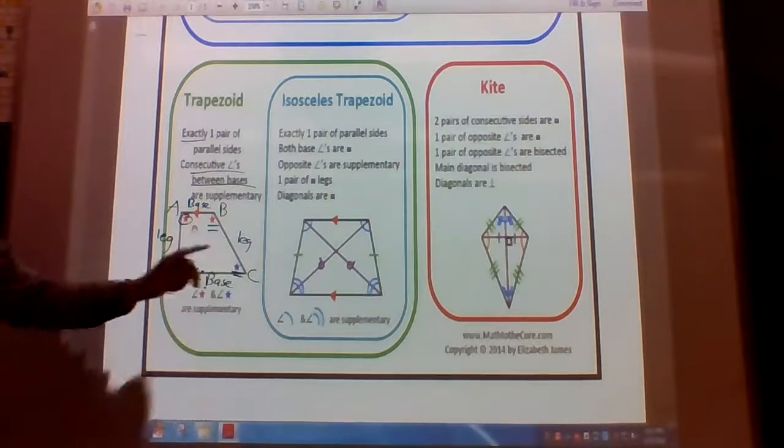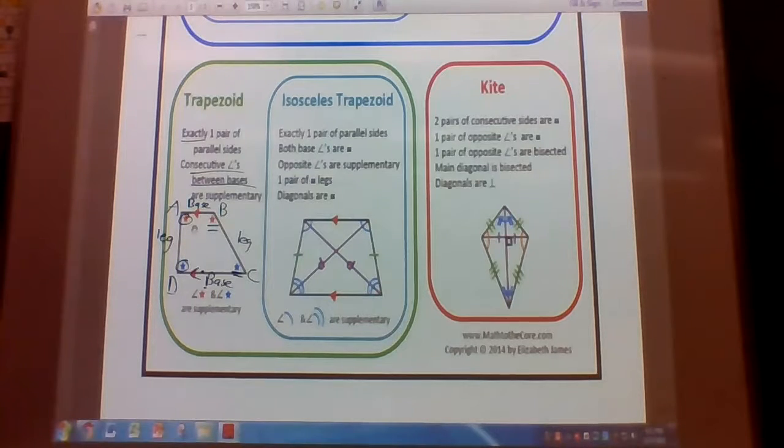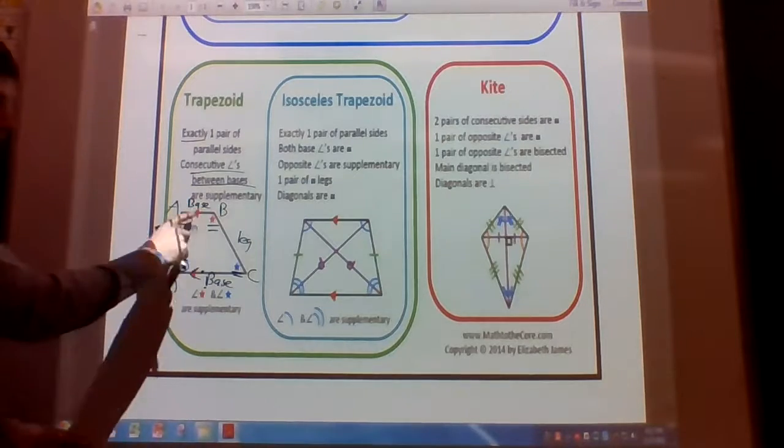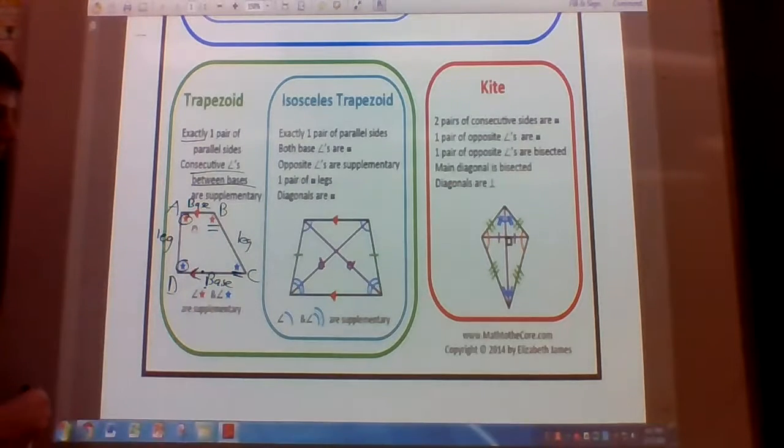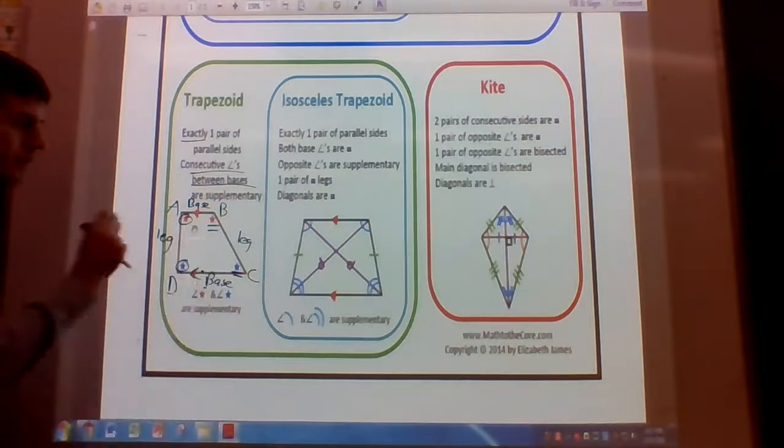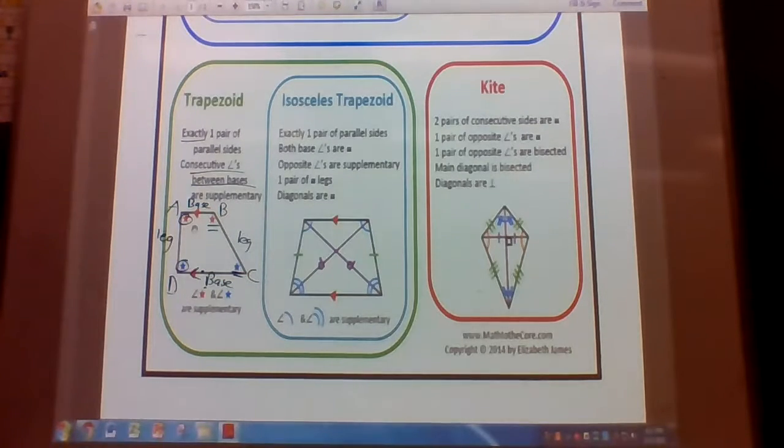Angle B and angle C are also supplementary, meaning their measures add up to 180. They go in order, like 4 and 5. What comes after B? C. So B and C are consecutive, and they're between the two bases, so they're supplementary.